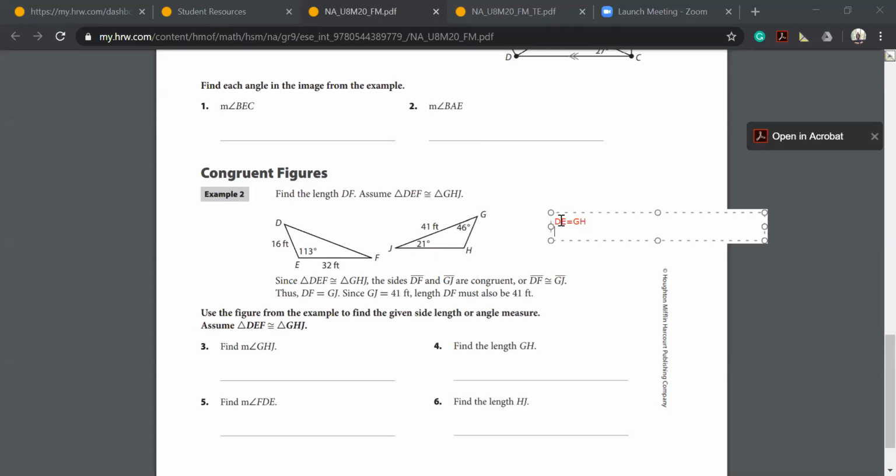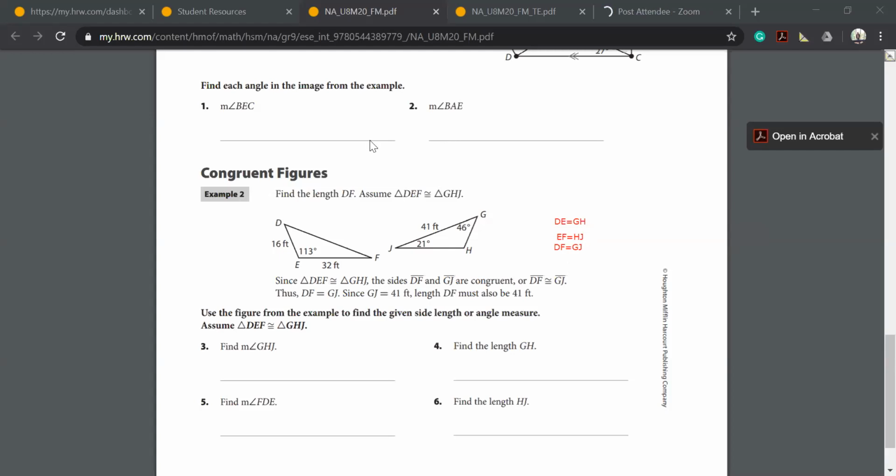And EF is congruent to HJ. And then we have DF congruent to GJ. So these are the statements for the sides. What about the statements of the angles?